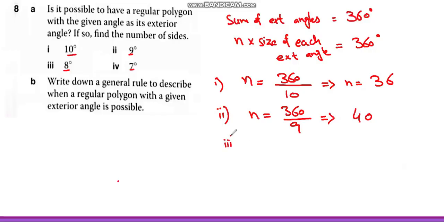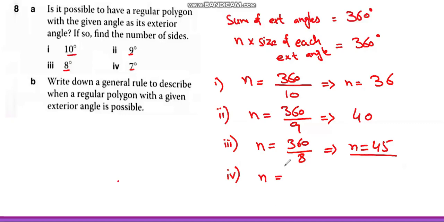Now for the third case where the angle is 8 degrees, let's divide 360 by 8 and n equals 45, meaning there will be a 45-sided shape. In the fourth case, where the size of each exterior angle is 7 degrees, we can divide 360 by 7 and this time we are getting a decimal number like this.